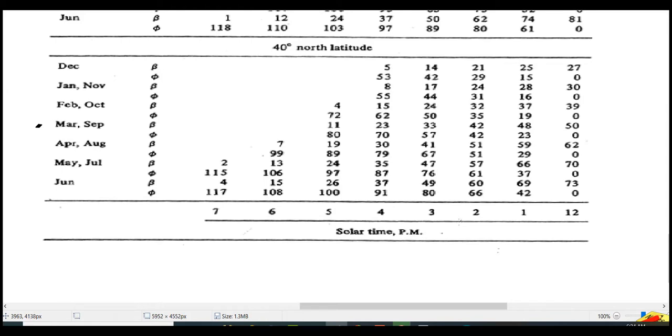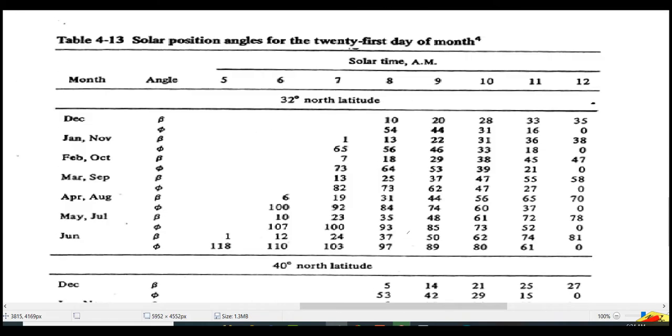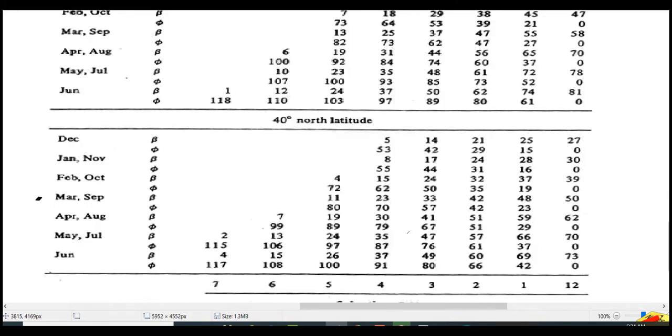But in our design consideration, you will notice here the solar time starts at 12, 1, 2, 3, 4, 5, 6, 7, so that is in PM. It will be different if you have the morning, where you have the solar time, and also the angle.